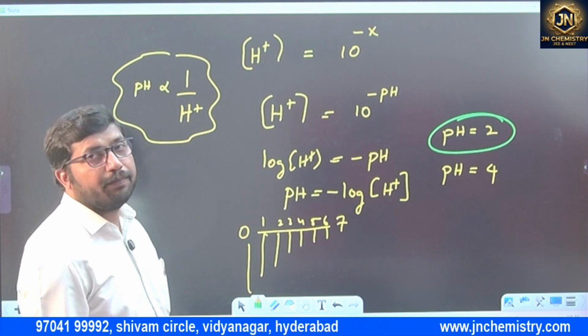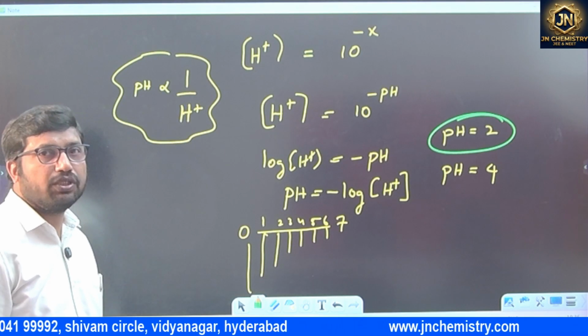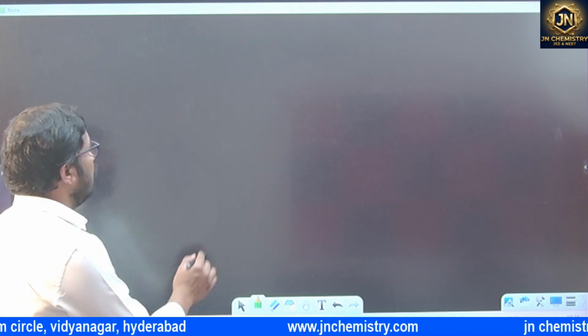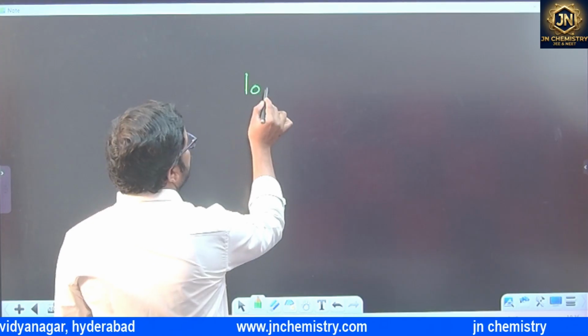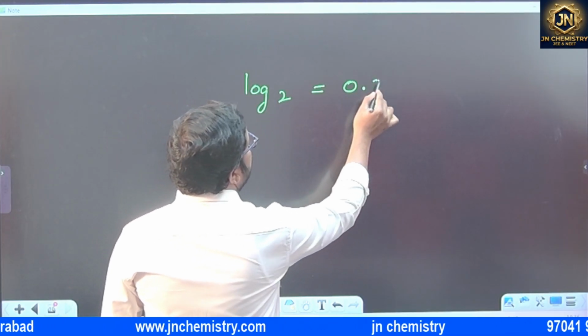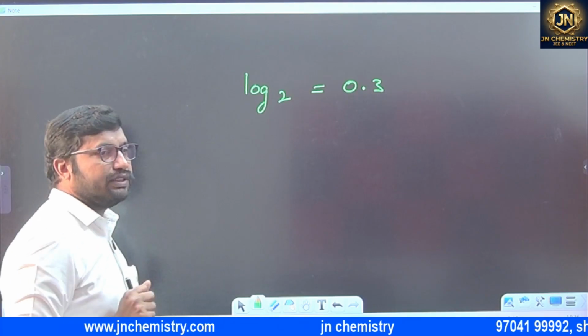To solve the pH calculations, we should know the log values. Log 2 is 0.3010, so about 0.3.